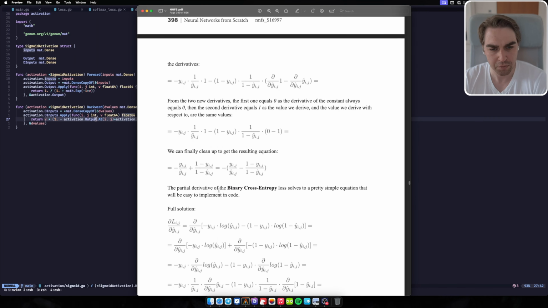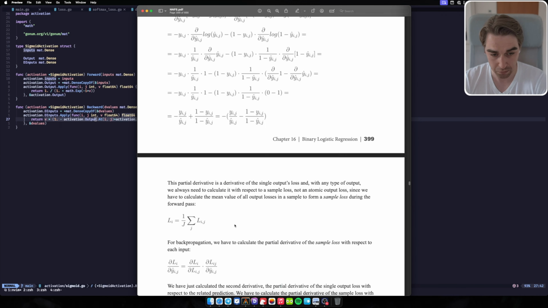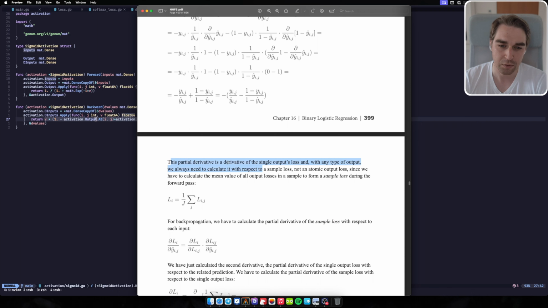The partial derivative of the binary cross entropy loss solves to a pretty simple equation that will be easy to implement in code. The partial derivative is a derivative of a single output's loss, and with any type of output, we always need to calculate it with respect to a sample loss, not an atomic output loss, since we have to calculate the mean value of all output losses in the sample to form a sample loss during the forward pass.